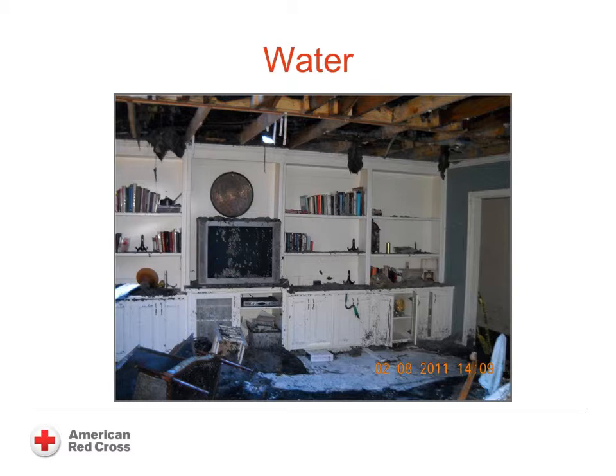But again, if you do have the overhaul, the insulation combined with the water damage, then you're looking at a more significant damage to the clothing garments and the bedding materials that could cause that to be destroyed. So the next thing we're going to talk about is smoke.